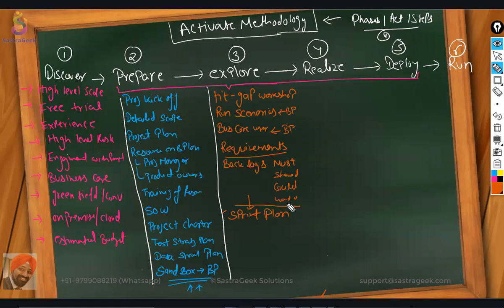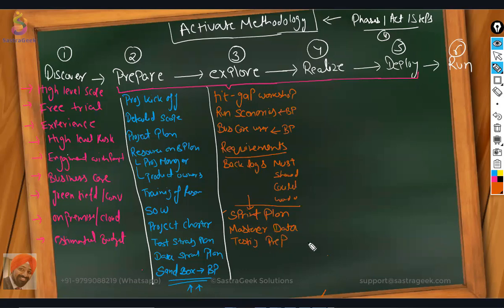Okay, apart from that, your master data preparation would start in this phase itself. Your testing preparation would also start in this phase. Your master data collection actually would get started within this phase itself.